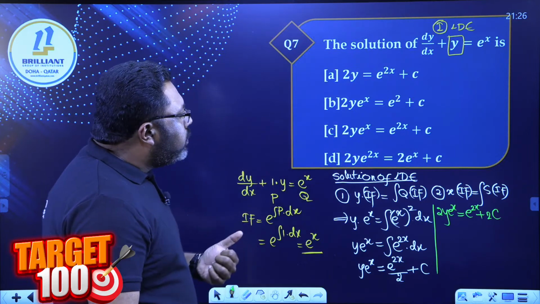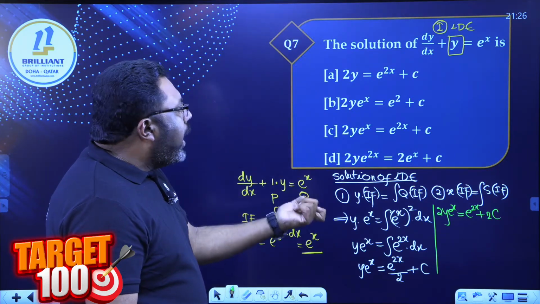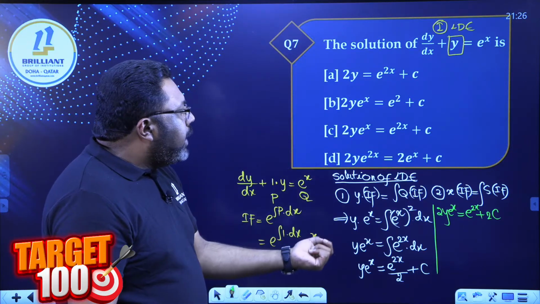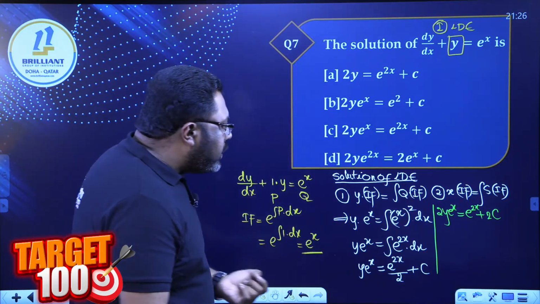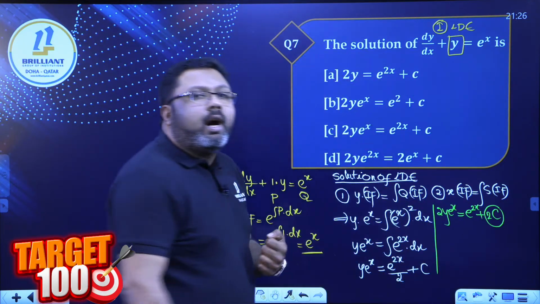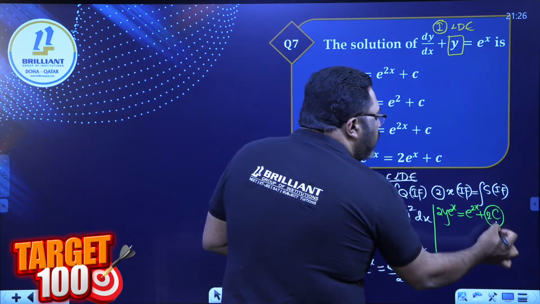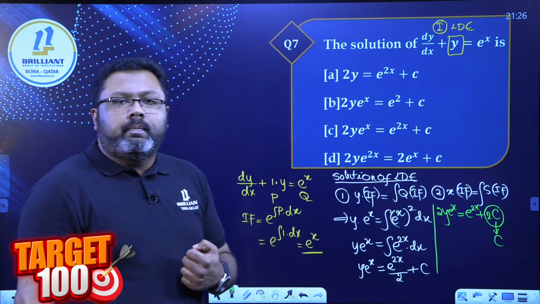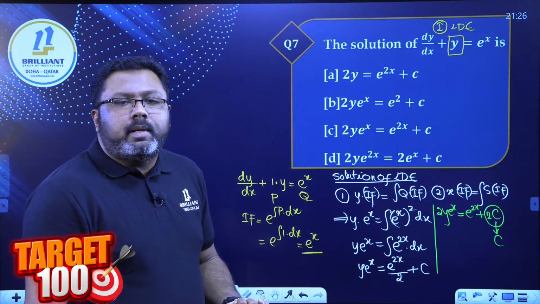Now look at the answers we have. We have 2y e raised to x is equal to e raised to 2x plus 2c, but remember 2c is still an arbitrary constant which can also be reconsidered as arbitrary constant c. That is the power of an arbitrary constant.